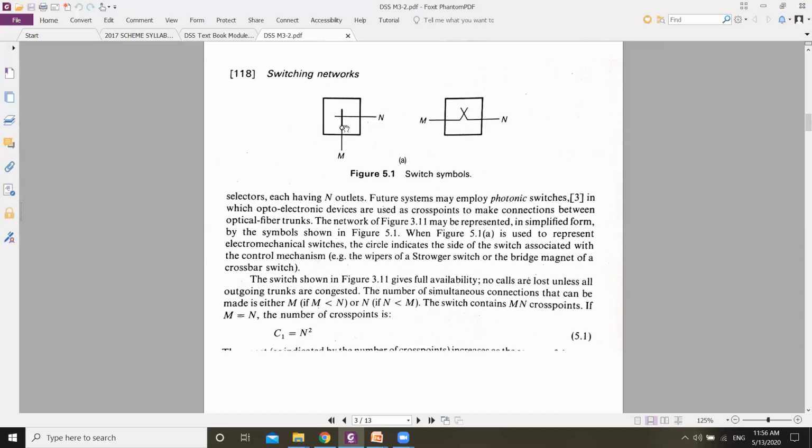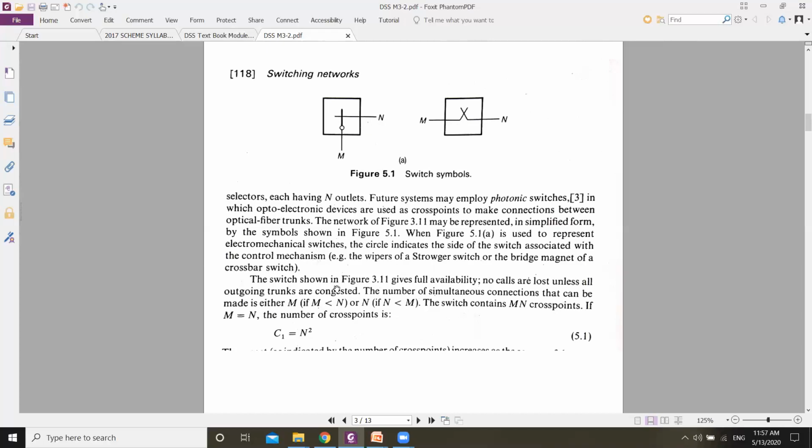This circle indicates the side of the switch associated with the control mechanism. The meaning is that this arm, this switch, can open and close. It is capable of moving. That is what this circle tells us.